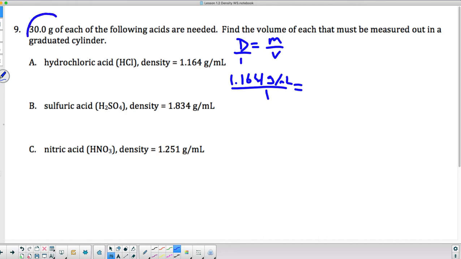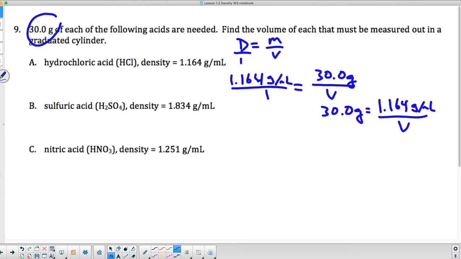We have 30 grams. There's my mass, 30 grams, like that. We're looking for the volume. That's volume on the bottom. So that means that when I cross multiply here, I get 30 grams equals 1.164 grams per milliliter over the volume.